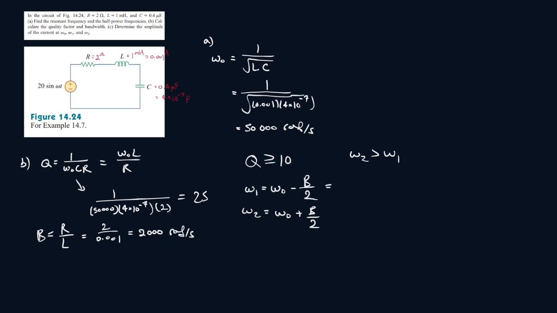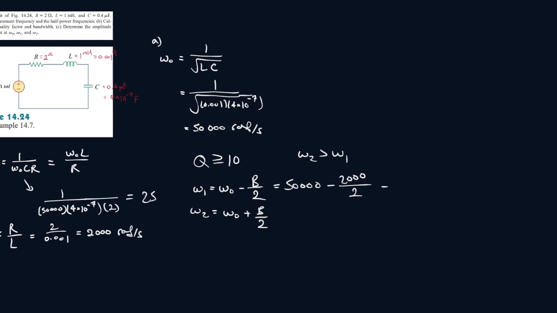Okay, now omega naught was 50,000 minus 2,000 over 2, and let me use my calculator for a sec.